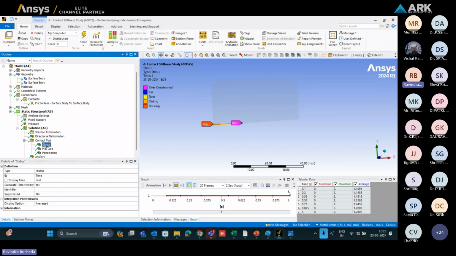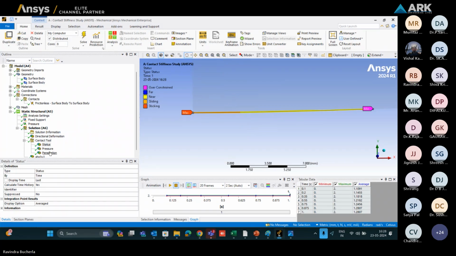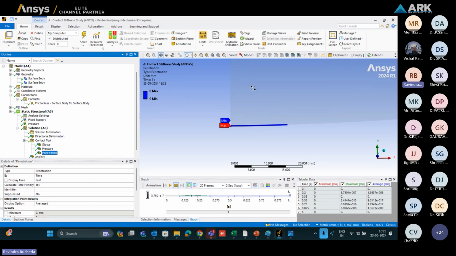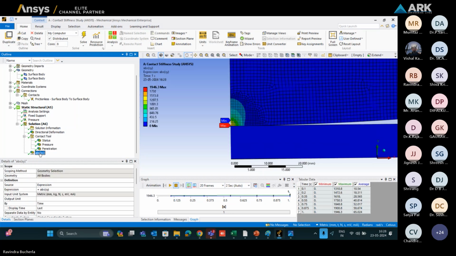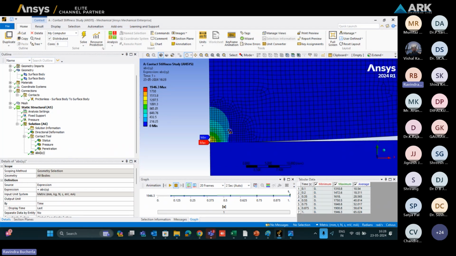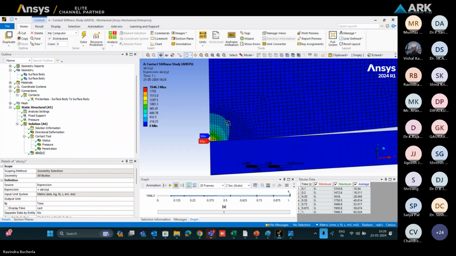At the contact, you can see there is some small sliding, and this is the pressure acting on the contact. There is no penetration between these two bodies. And along the y-axis, this is the normal stress that we are getting.